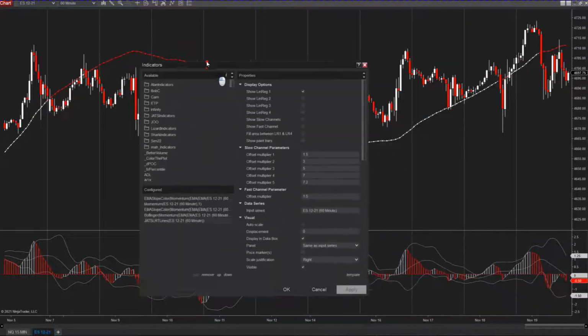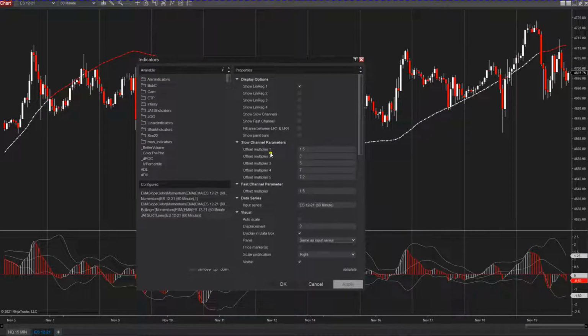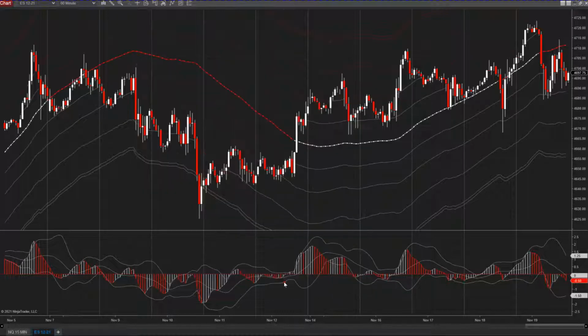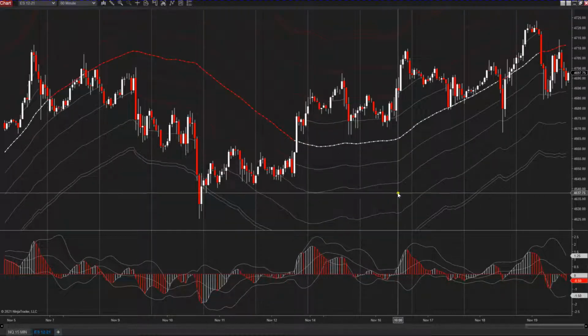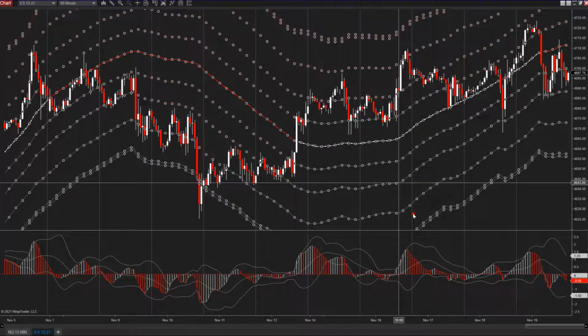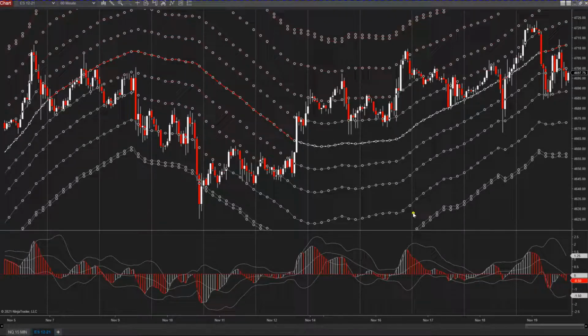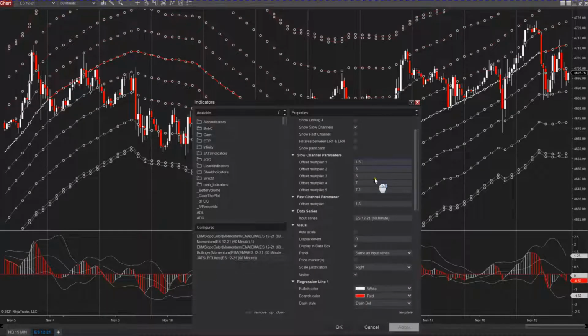But then I can put offset multipliers. And so I can show my slow channel and offset the multipliers. I normally don't like to auto size it, but let me auto size it so that I can show you what it looks like. Auto scale.